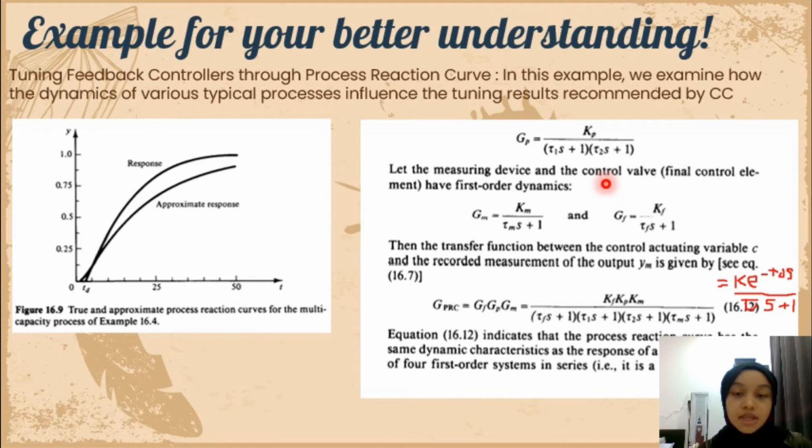GPRC is in between of C and YM. So we can see that the transfer function of GPRC is K e to the negative TD s over tau s plus 1. This is because the same dynamic characteristic as the response of four first order system in series.